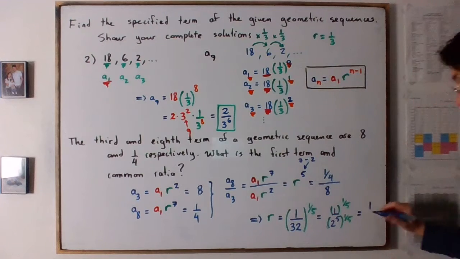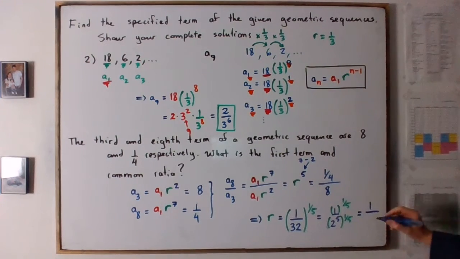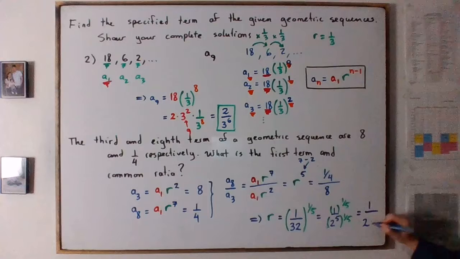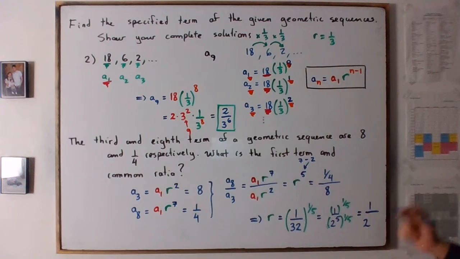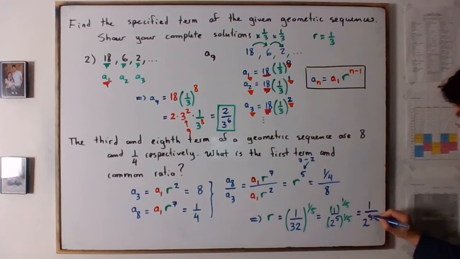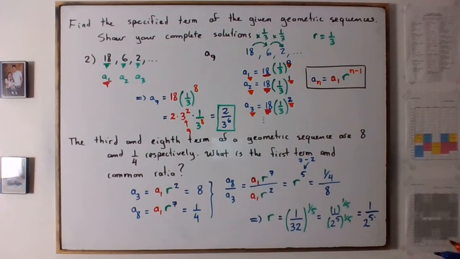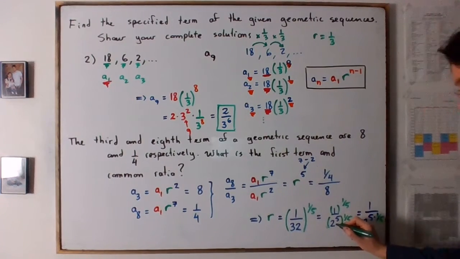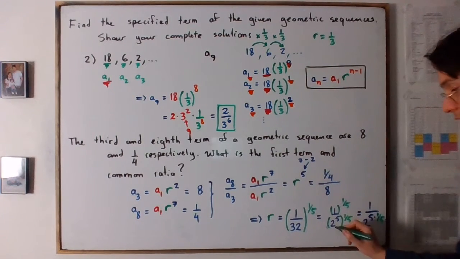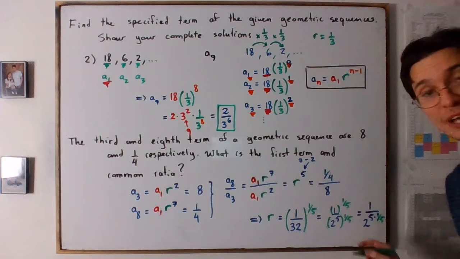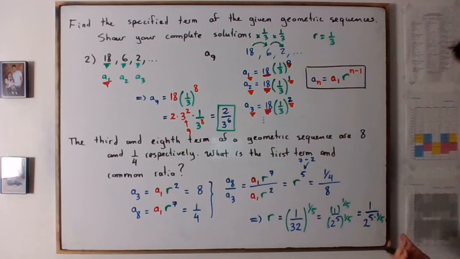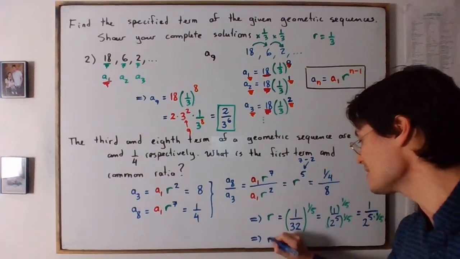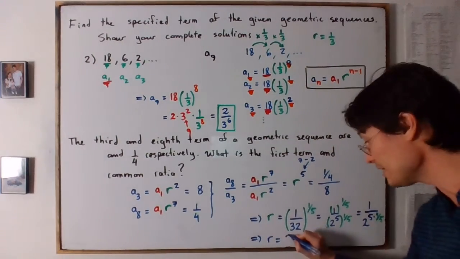However, this guy gives 2 to the power of 5 times 1 over 5. So that is the important thing. You have 5 multiplied by 1 over 5. Whenever you have an exponential to the power of an exponent, you can simply multiply the exponents together. So this means that r is equal to 2, simply 2.